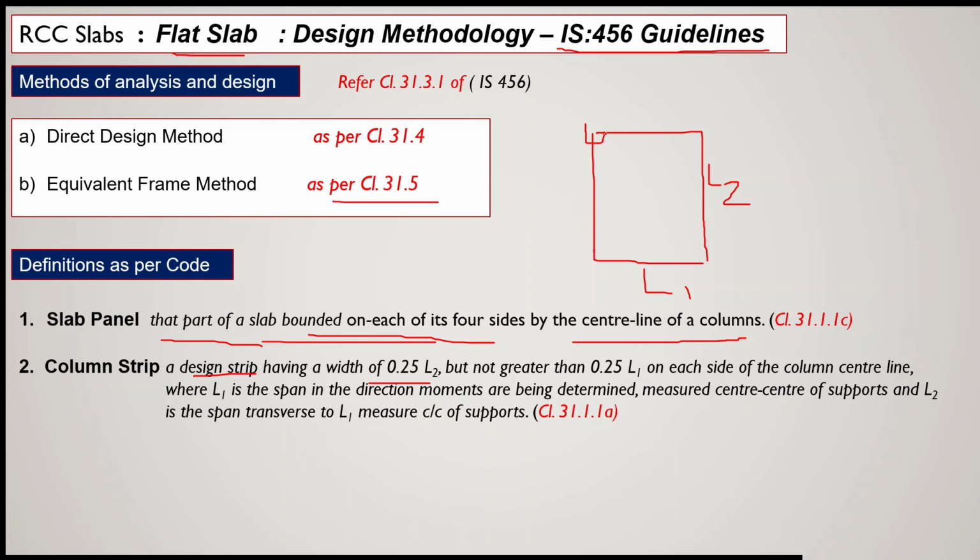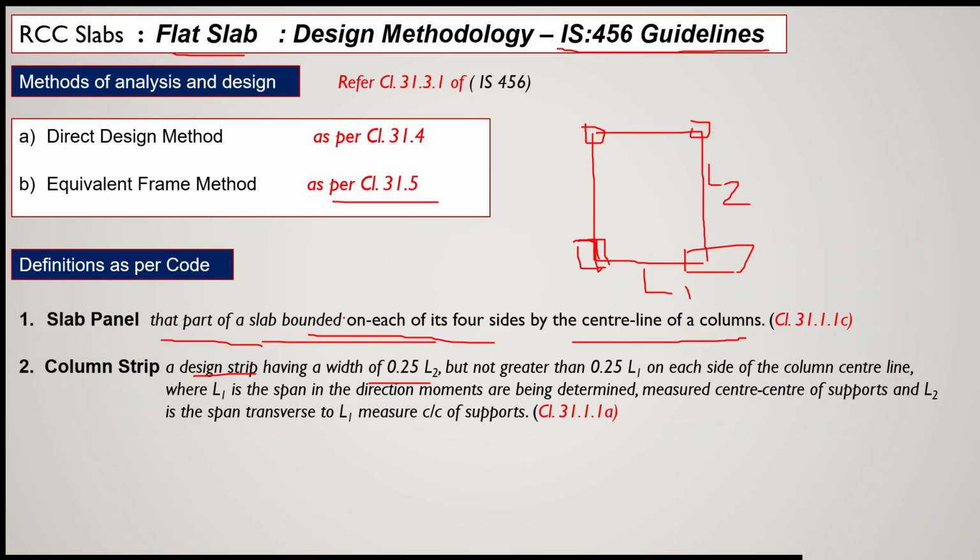Now suppose here you have one column, here you have another column, there may be another column, and there may be another column. So center to center of these two columns is L2 and center to center of these columns is L1.